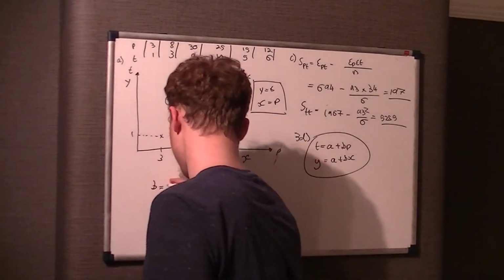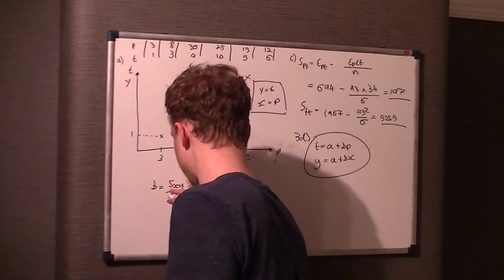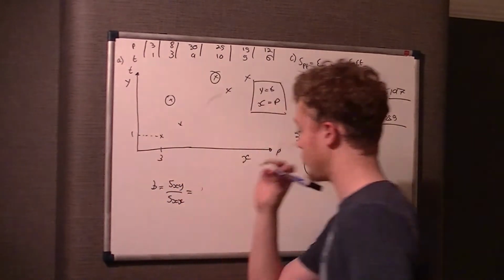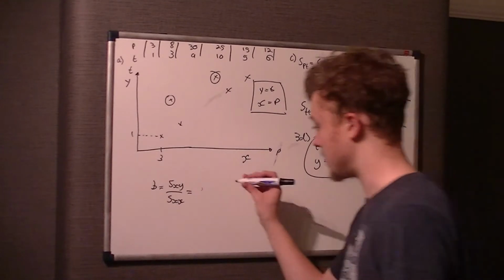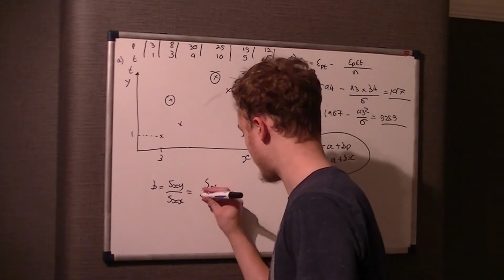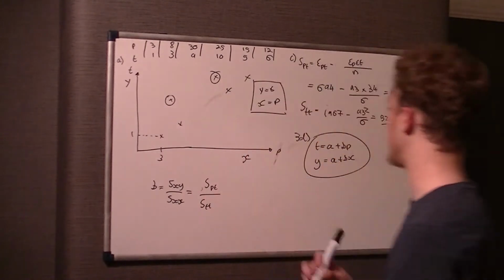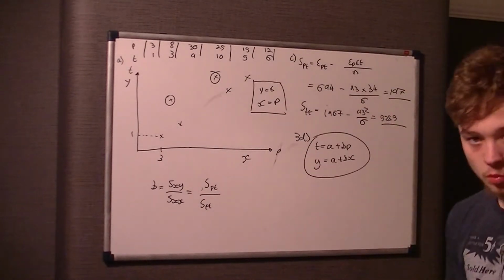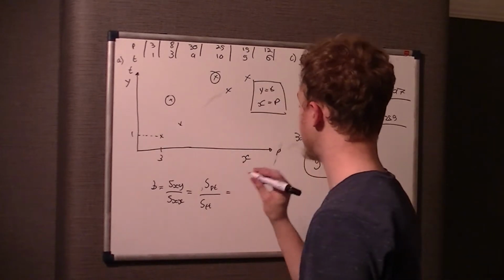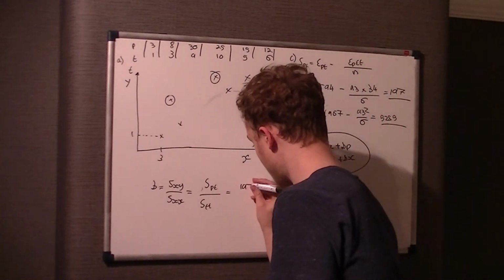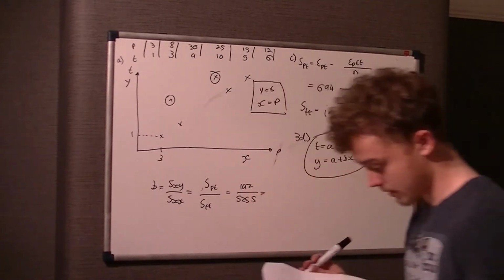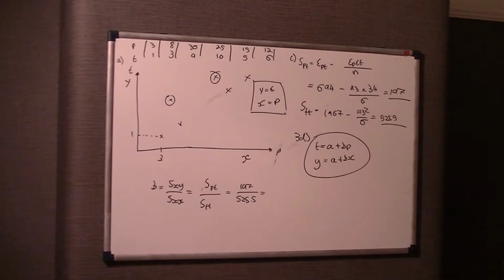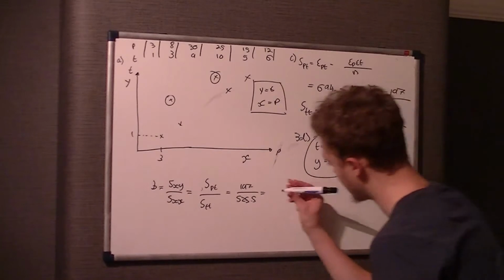Now B would normally be SXY over SXX. But we know X is equal to P, so we can replace X's with P and Y's with T. So it's SPT over STT, which is what we've worked out over here. That's why we were asked to work it out in part C. So it's 197 over 525.5, and that comes to 0.32.